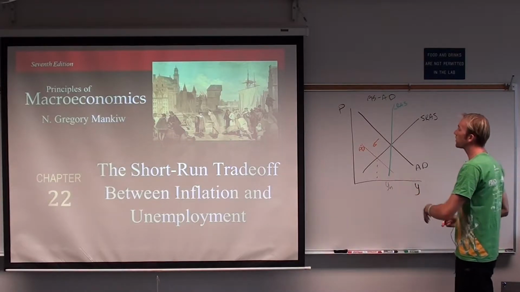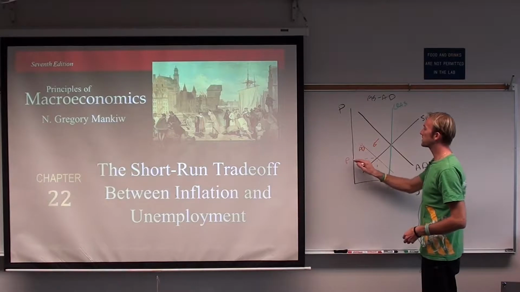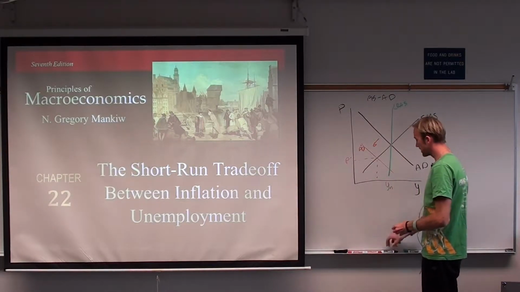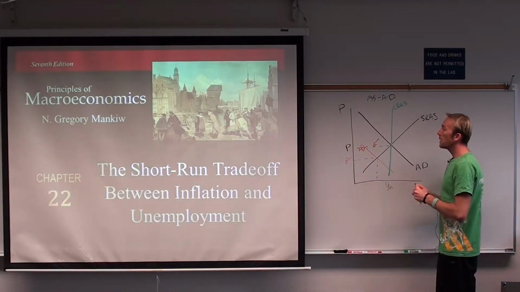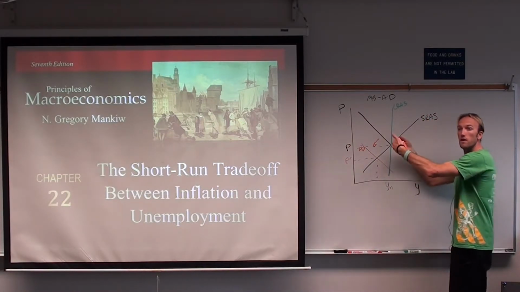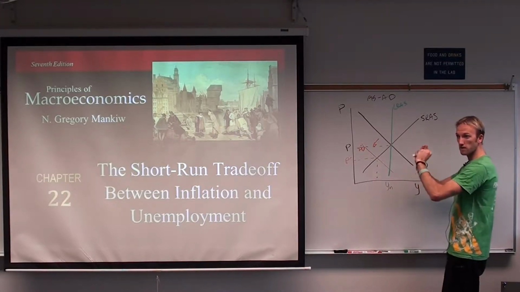In this case, what would happen? Well, since we now have a lower price, since this is our P prime, our old price used to be up here, right? Firms start expecting a lower price level, right? So low levels of inflation or even deflation.